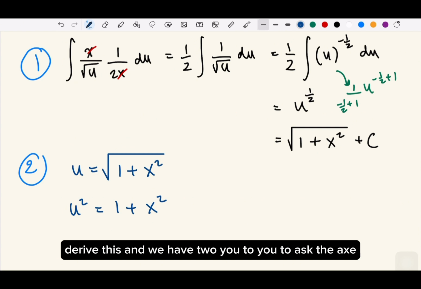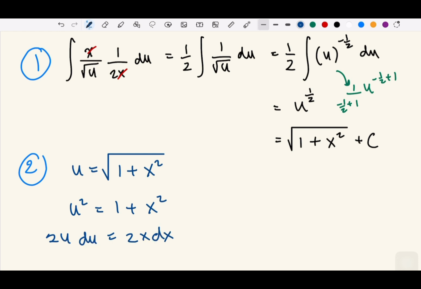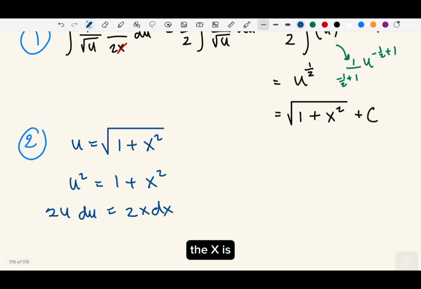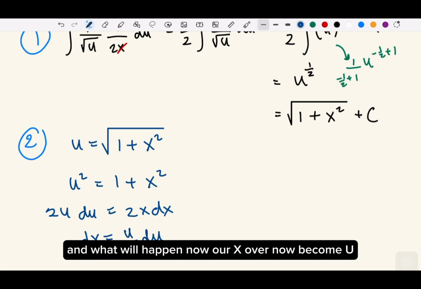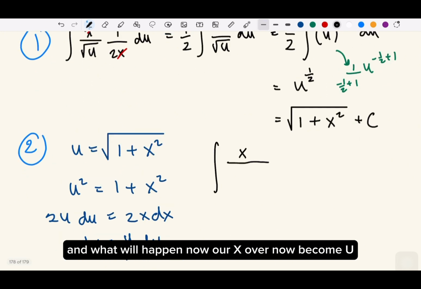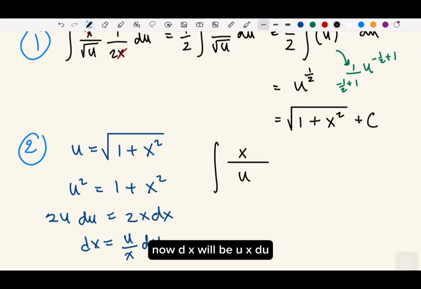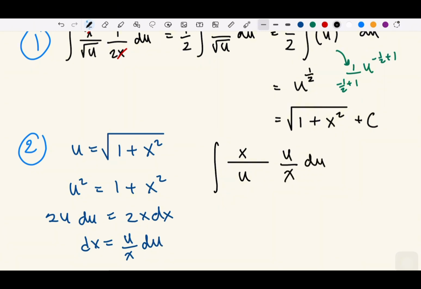Derive this, and we have 2u du equals 2x dx. So dx is u over x du. Now our x over the square root becomes u over u, and dx will be u over x du, so the integrand becomes just du.